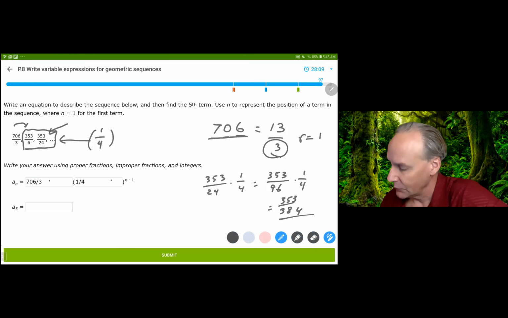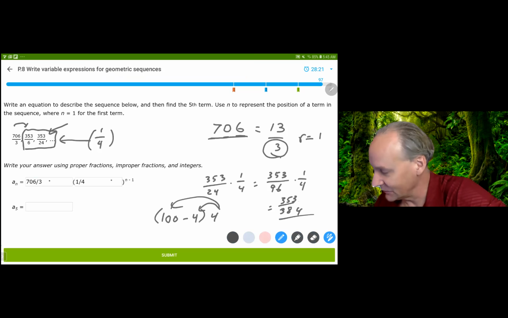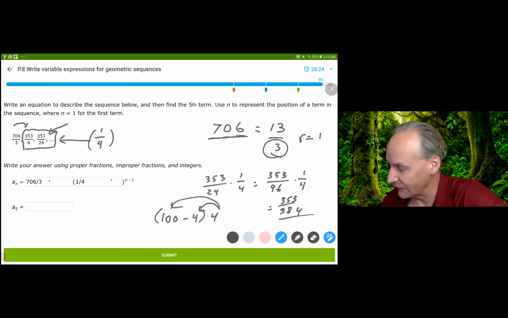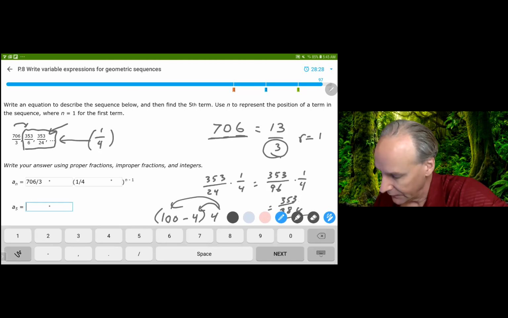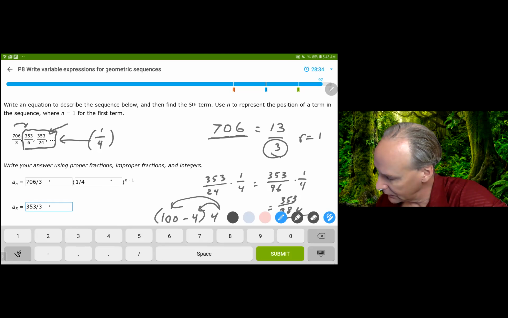What I did was I took the 100 minus 4 and multiplied by the 4, which gives me 400 minus 16. It's 384 because you take 16 away from 400 and you get 384. So we have 353 over 384. And I don't see any errors, no negatives, looks good.